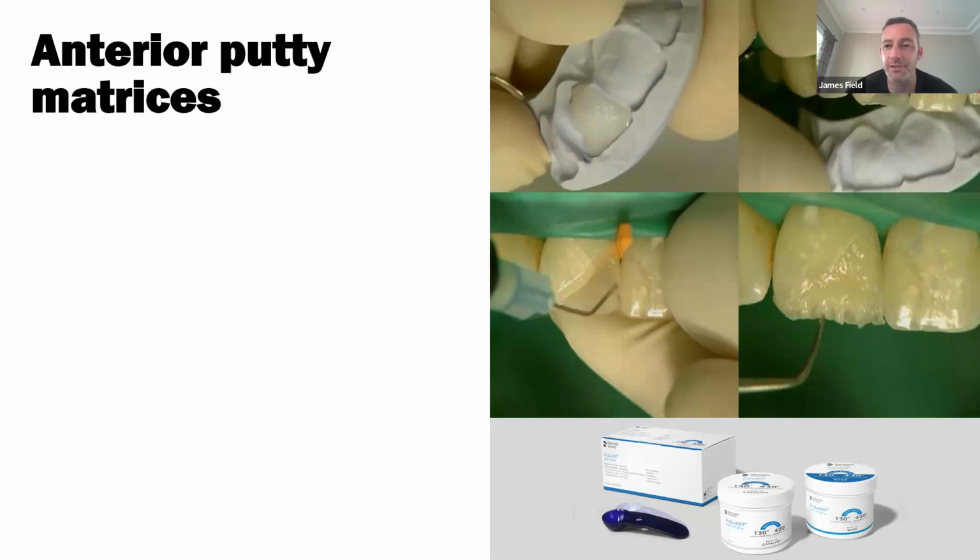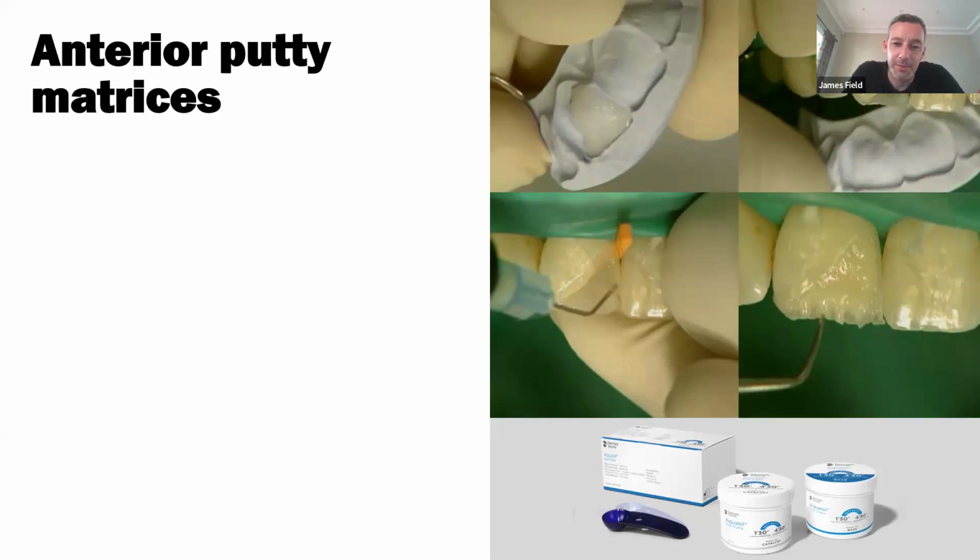What I prefer to do is to mark on the matrix the point at which the tooth structure ends, and to apply a very thin film of composite onto your matrix first, bringing that up to the tooth. But what I would always do, as you can see in the top right picture, is to leave a very thin gap so we don't have direct contact of the composite with the adjacent tooth. What that means is you don't run the risk of bonding to the adjacent tooth. And then you can apply your composite strip, your interproximal strip, and you can restore that last small increment. But that's really important, otherwise it can become a bit tricky.